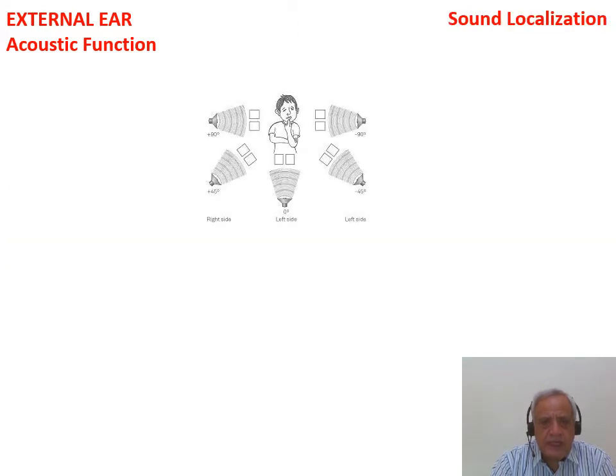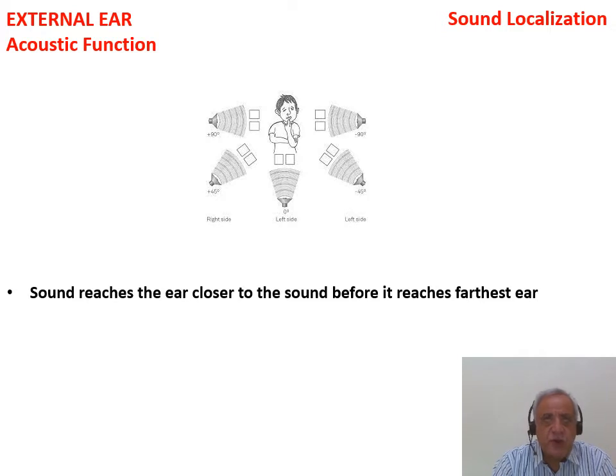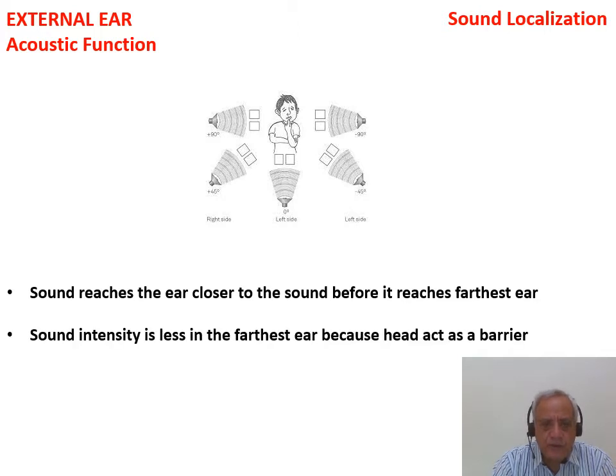Sound localization, as we mentioned: if you hear a sound, you want to know where it comes from, your right or your left. This is a function of the external ear, because the sound will reach the ear nearest to the sound first.